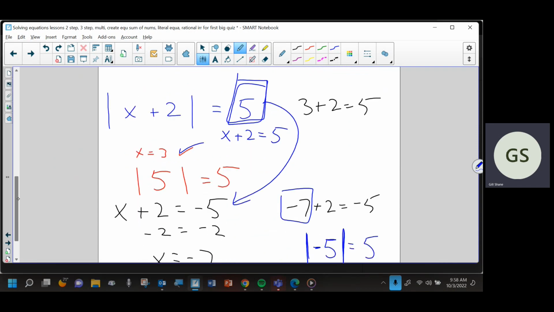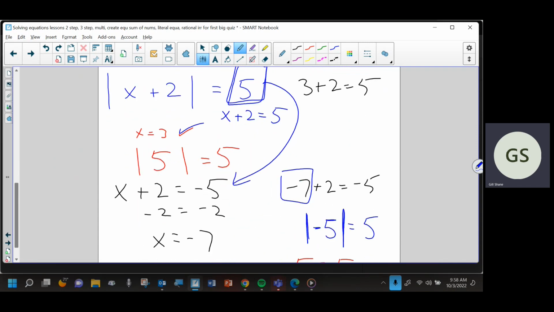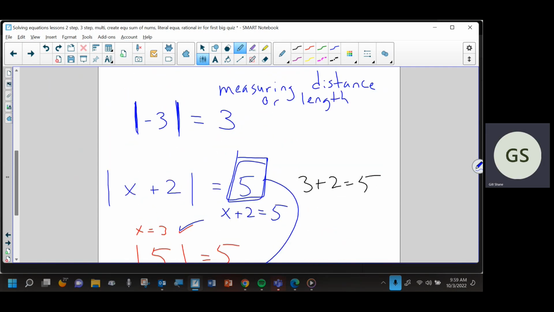So again, I went through that super fast. I didn't want to record a whole period just for 5 minutes of lesson, although we did a little more detail in class. Just remember, solve the original equation just like it is without the absolute value symbol. So I just took the absolute value symbols away.